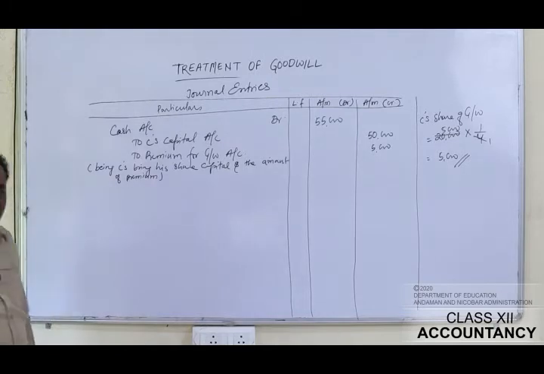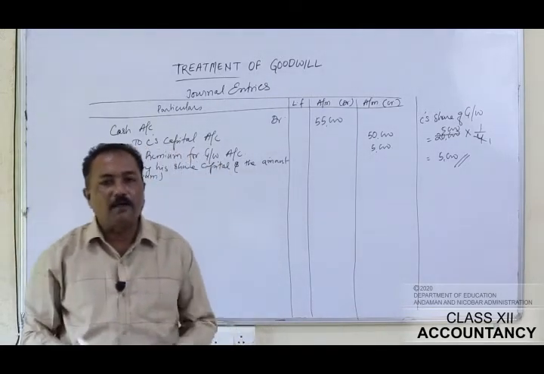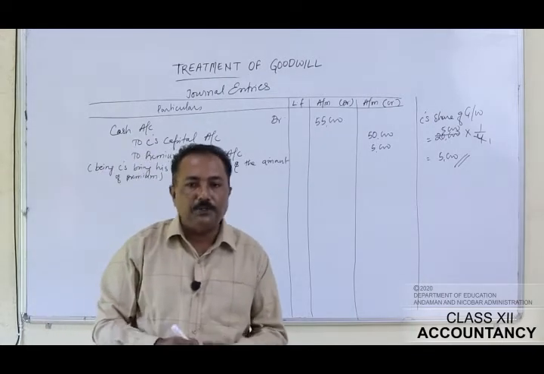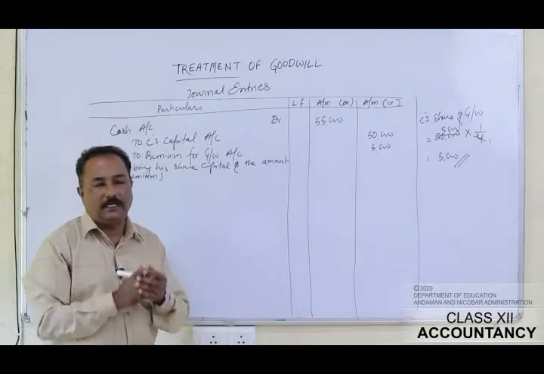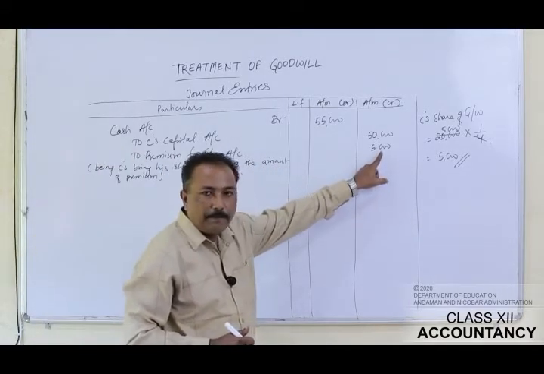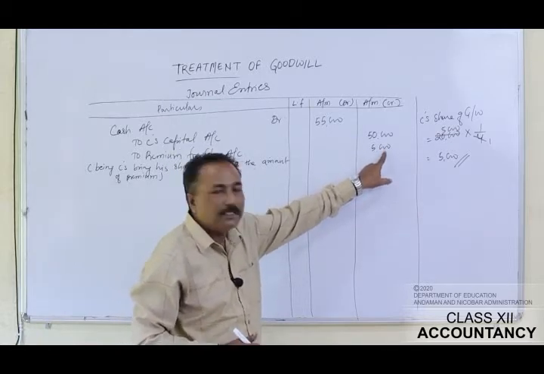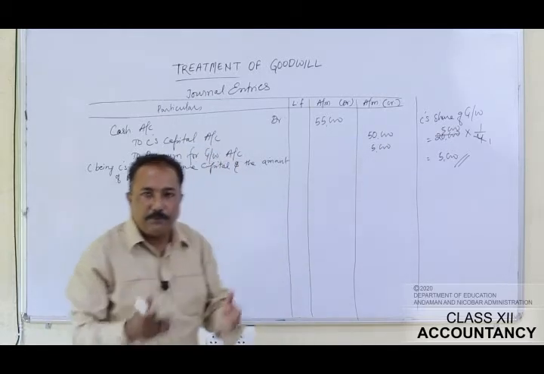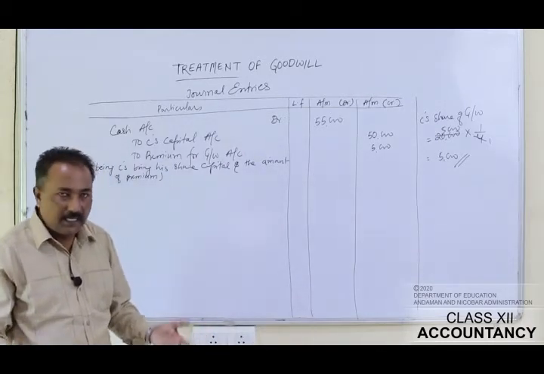Now let's pass the next journal entry, and the next journal entry is for the distribution of the amount of premium which is brought in by the new partner. Now how much has he brought by way of premium? It is rupees 5,000. This amount of rupees 5,000 will be distributed between the sacrificing partners in their sacrificing ratio.